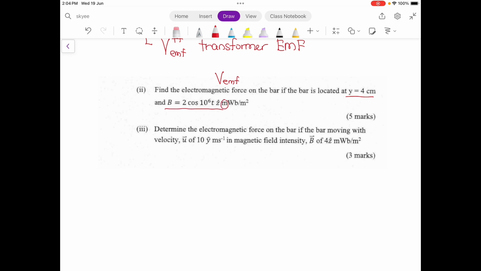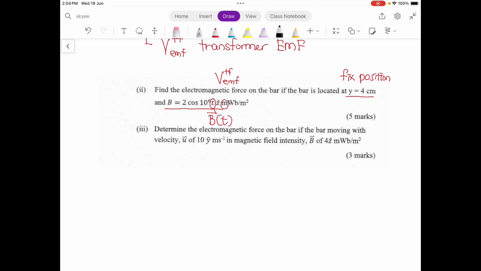When you look at here, the bar is located at a fixed position, meaning that it is not moving. And the B is a time varying magnetic flux density. So this one is obviously a transformer EMF.